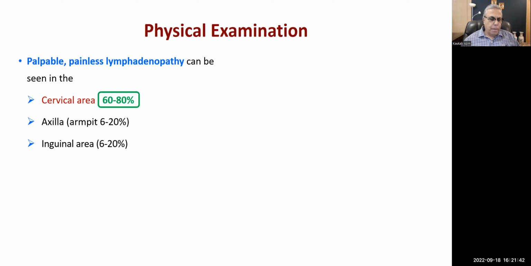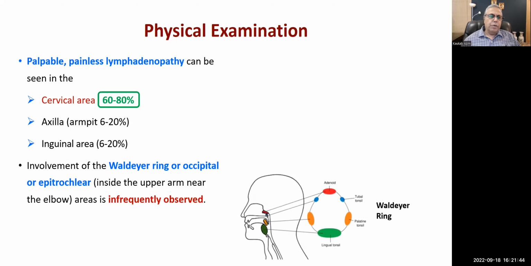That includes involvement of Waldeyer ring or occipital or epitrochlear, which is in the arm. I'll show you in the next slide. They are infrequently observed. Waldeyer ring is there in the throat. It includes lingual tonsils, palatine tonsils, tubal tonsil, adenoid, all these lymphoid tissues.